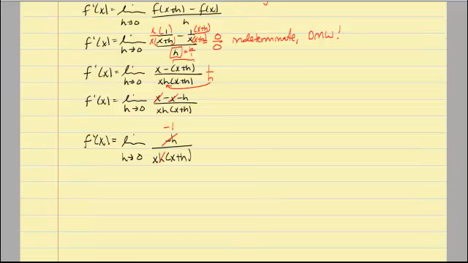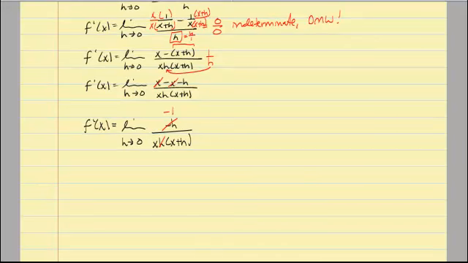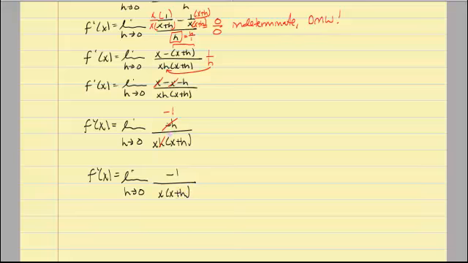Okay, and again, it's important to never drop your limit notation until you actually take that limit, and I'm not dropping my derivative notation either, because I want to make sure I can distinguish this between the original function and the derivative. So again, I'm left with negative 1 over x times x plus h. Now as the limit h goes towards 0, this piece goes towards 0, and I'm left with a negative 1 over x squared. So let's see what this looks like.